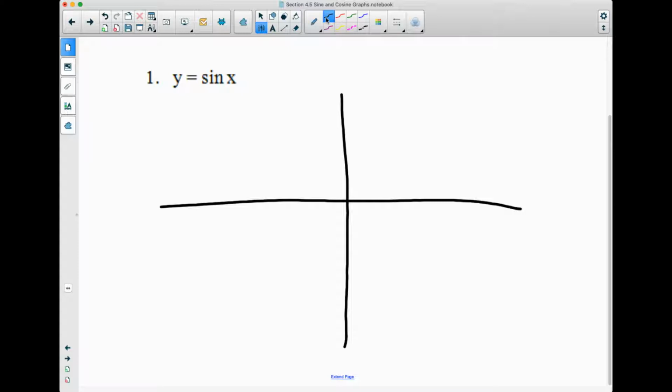So that's how I'm going to label my x-axis. And we're going to go backwards with that too.